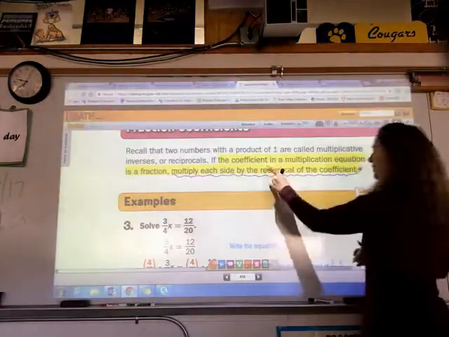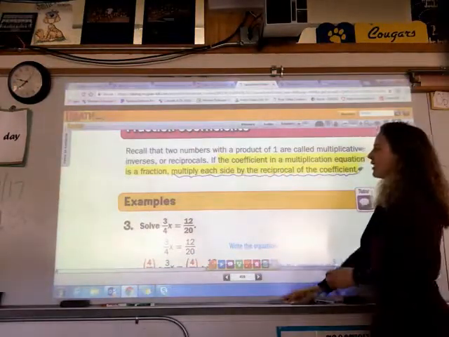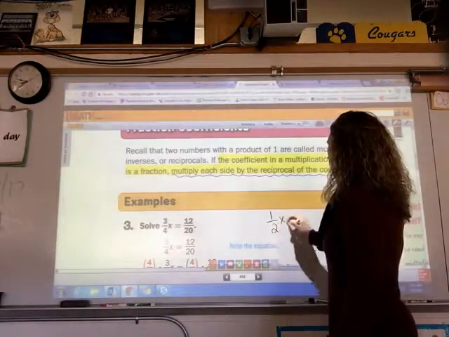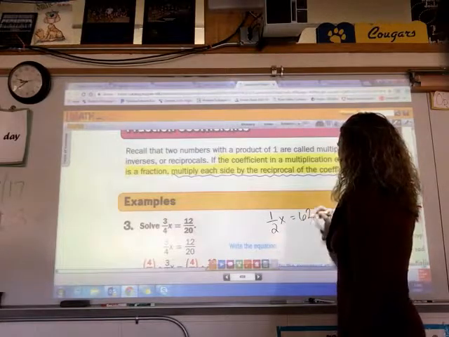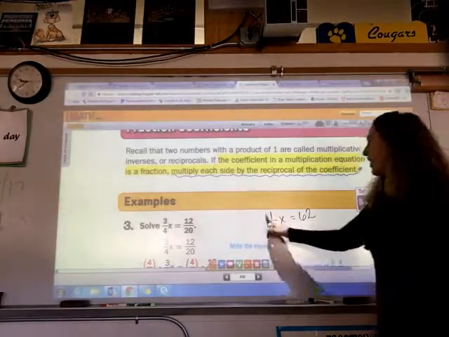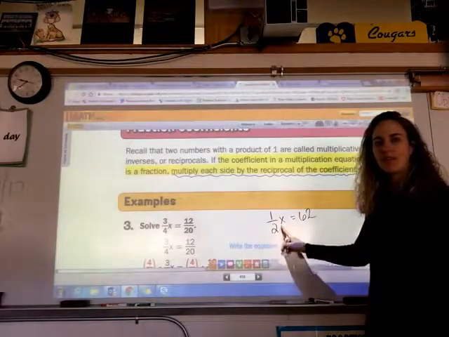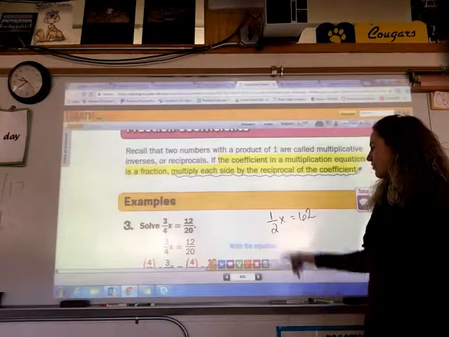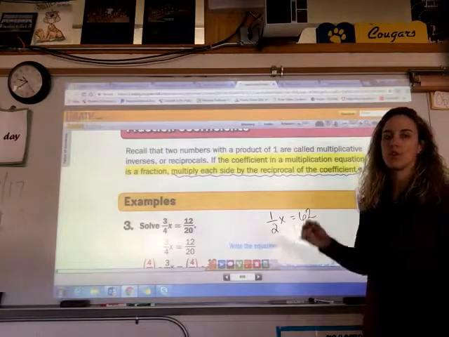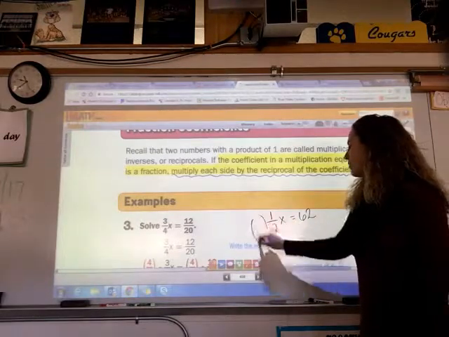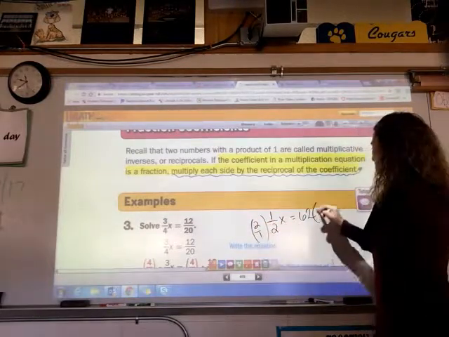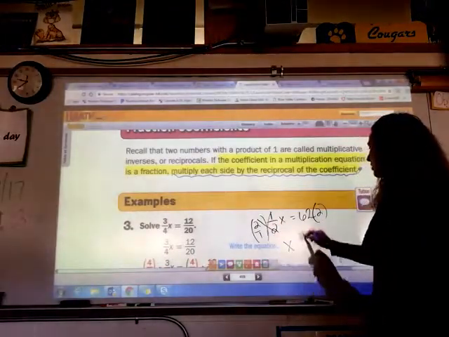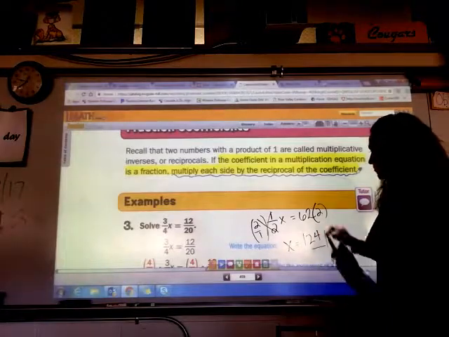So let's say that I have 1/2 x equals 62. I have a fractional coefficient because my number ahead of my variable is a fraction. The multiplicative inverse, or the reciprocal of 1/2, would be 2/1 or 2. So technically you're going to multiply both sides by 2. So x is going to equal 124.